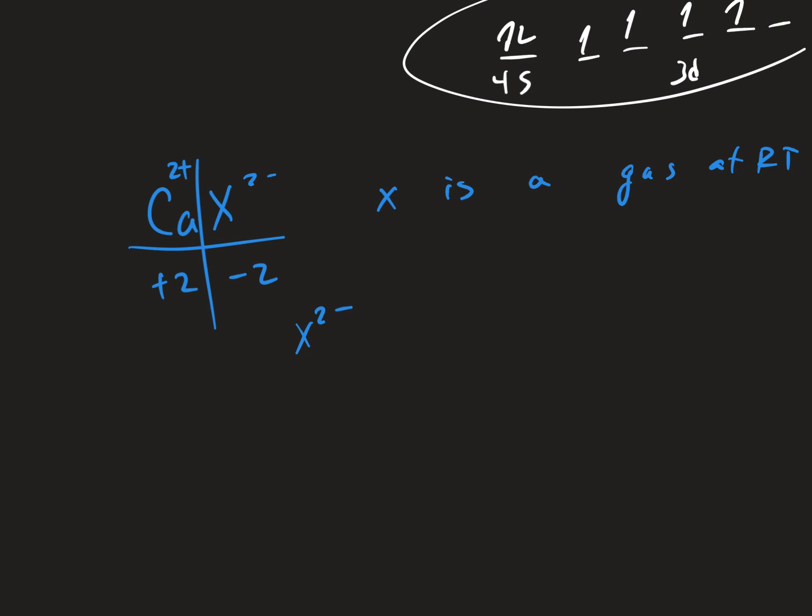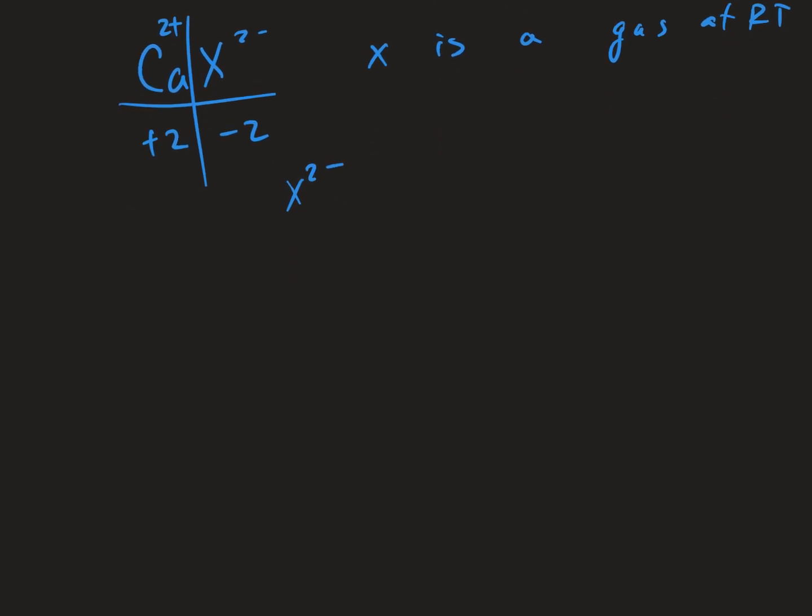What about this one here? We have M. So M is a metal. And let's say we have S2.